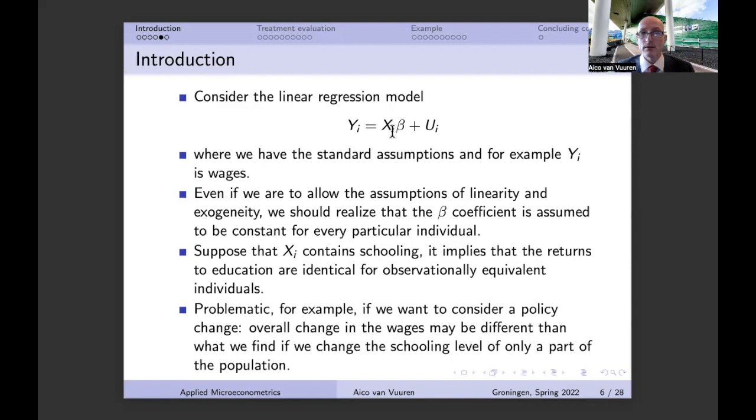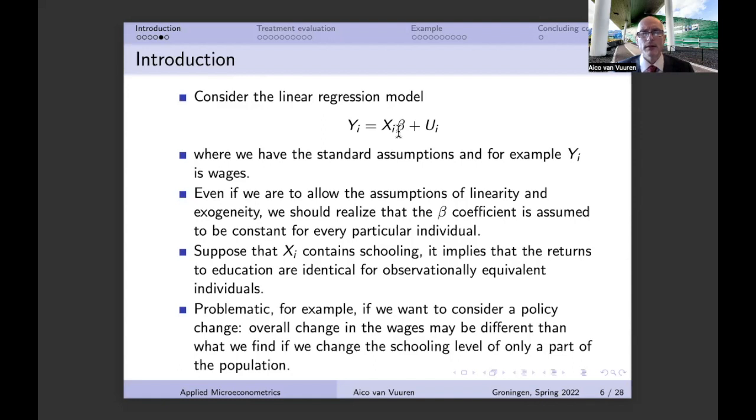So an important assumption that we're going to make over here is that the returns to education are going to be exactly the same for everybody. Everybody gets exactly the same return for education. Well, that may not be true, of course. It may be possible that particular individuals have a higher return to education than other individuals. That may be related to their talents.